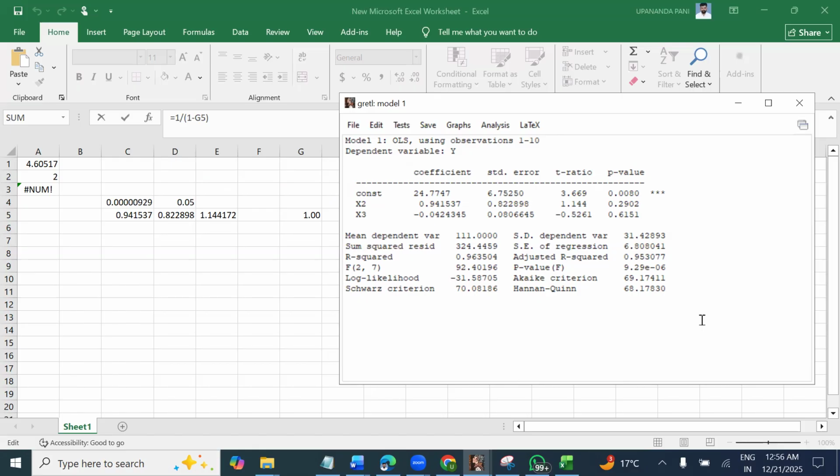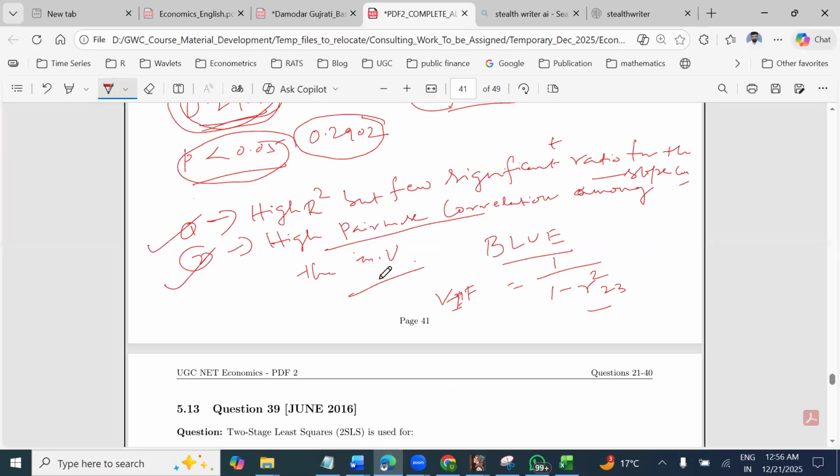So what happened over here? The VIF formula is 1 over 1 minus r square 2 3, where r square is the correlation coefficient between x2 and x3. If r square 2 3 is close to 1, I told you maximum perfect correlation happens when the value is 1, a perfect linear relationship.